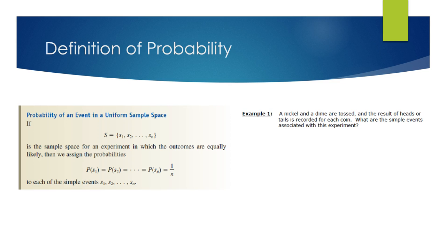So take a moment and think about this, and keep in mind that we want the sample space to be all members described by the nickel result, then the dime result. That's how we'll define it. So what are the possible outcomes for this event?